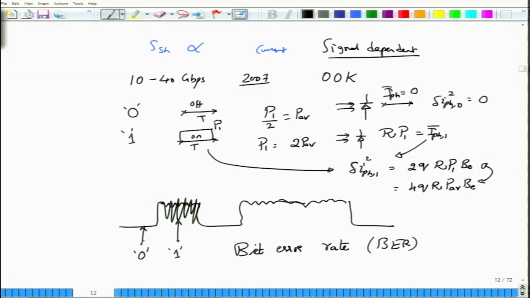The only way to counter this is to increase the power, so that while noise increases only as the square root of I_PH1 average, the RMS value will increase only as the square root of I_PH1, whereas the power will increase as I_PH squared.